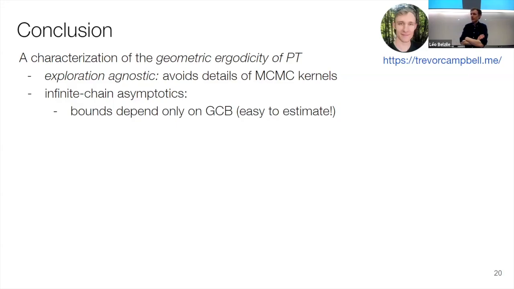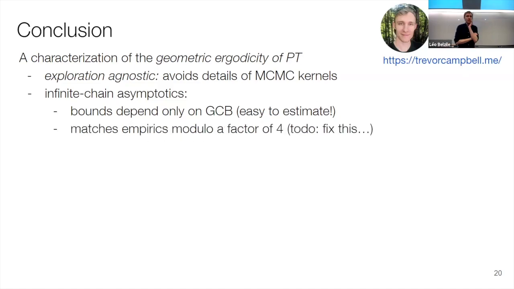They're simple to write down. The bounds depend only on constants that we can estimate. And it matches our empirical results up to a factor of 4, and we're working on fixing that. We also provide computable finite chain bounds that actually do match the empirics quite well, but they're a little bit more opaque on what they mean.